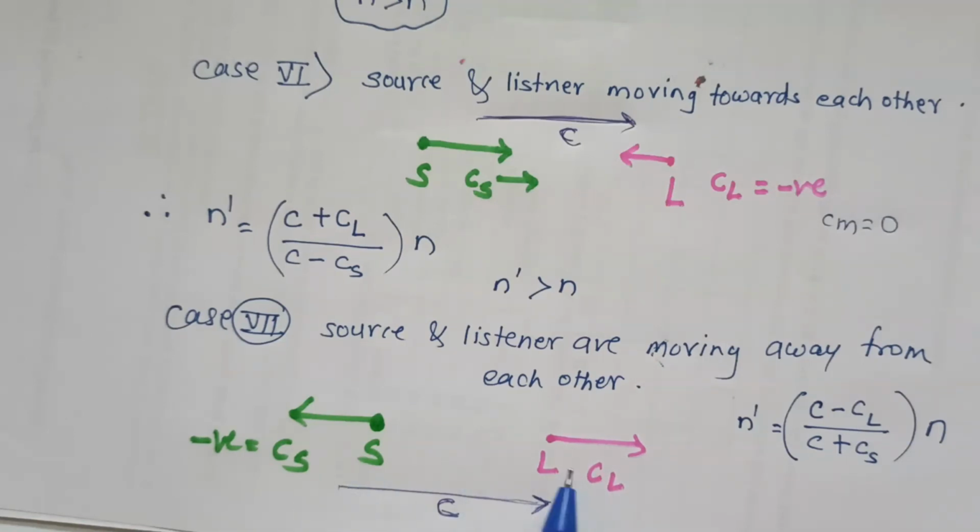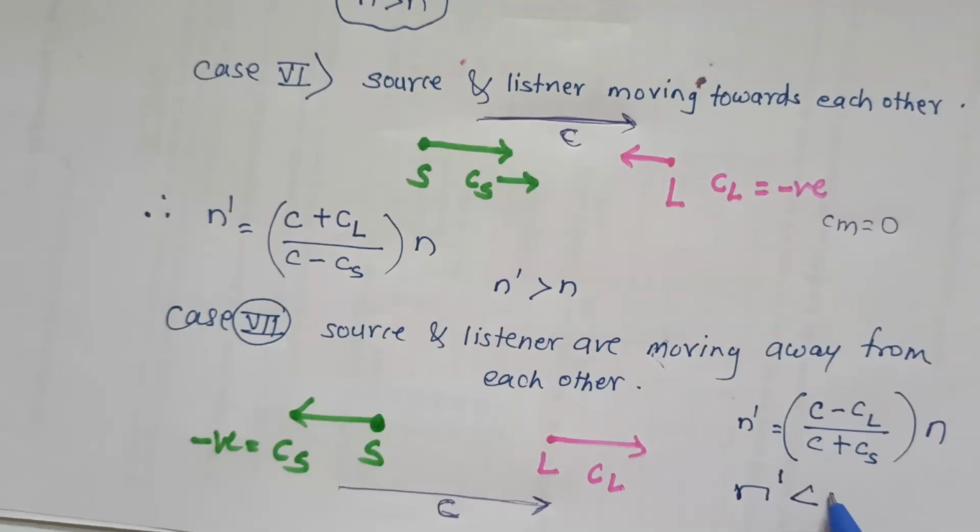Therefore, the apparent frequency n dash is equal to (c minus cl) divided by (c plus cs) into n. When source and listener are moving away from each other, the frequency of sound decreases, so the apparent frequency n dash is less than n. This is the condition for source and listener moving away from each other. Now, these are the different 7 cases. We discussed them.